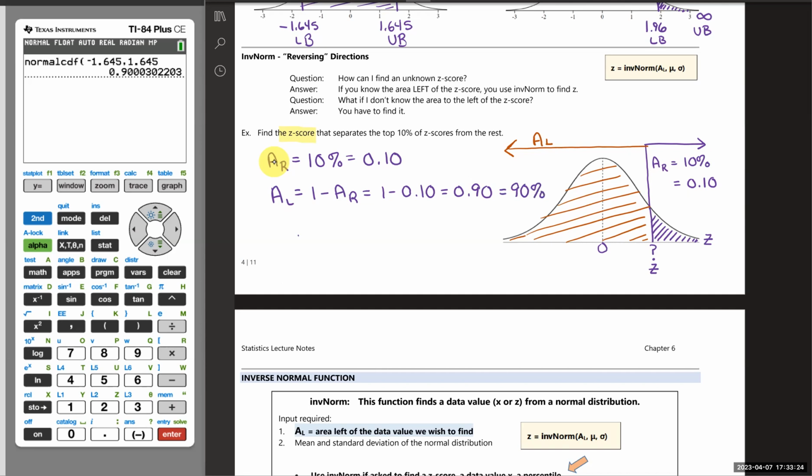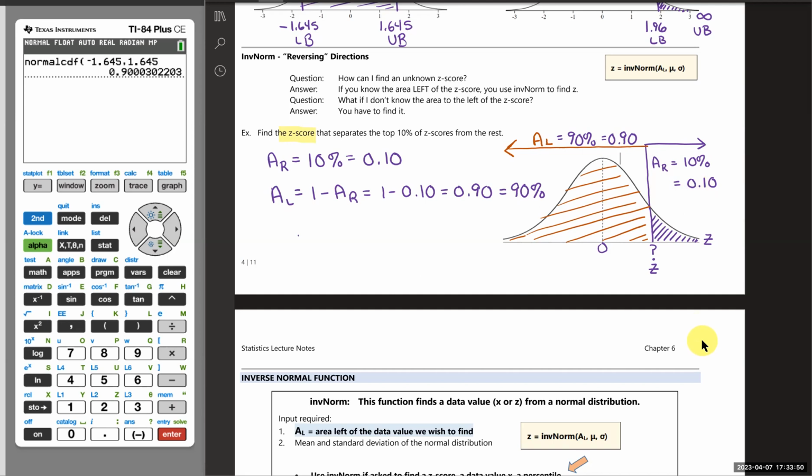If 10% of the graph is to the right of it, then the other 90% would be to the left of it. We're just trying to get used to working in decimal more often than in percent. But they are complements: 90% plus 10% is 100%, or decimal 0.9 plus 0.1 is equal to 1.